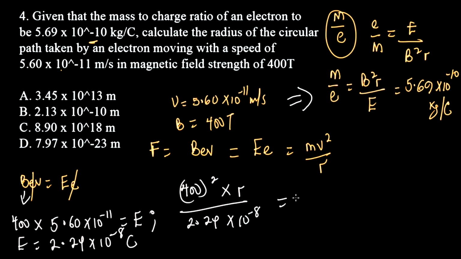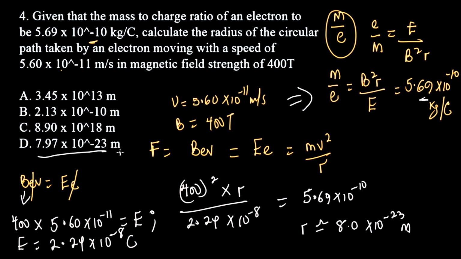We have the ratio to be this, 5.69 times 10 raised to power minus 10. So our radius should be approximately 8.0 times 10 raised to power minus 23 meters. It's the same as this when you approximate. So this is the answer.